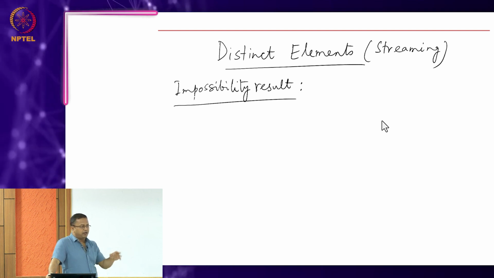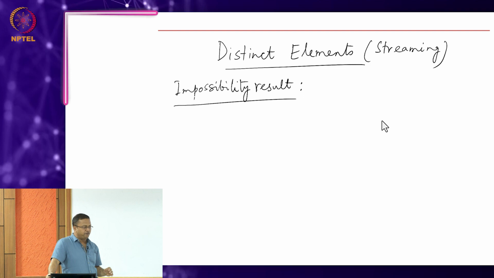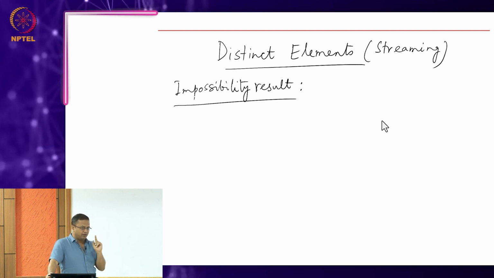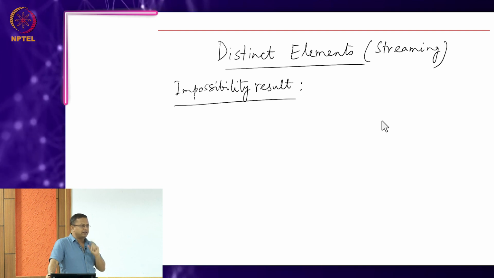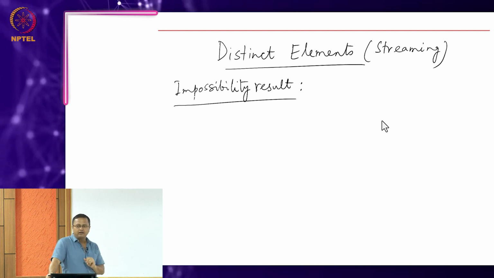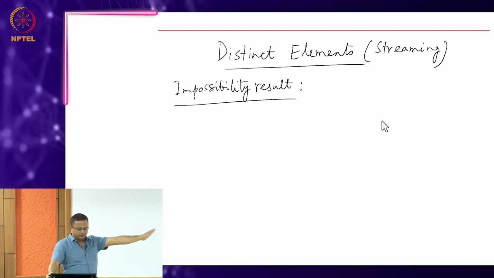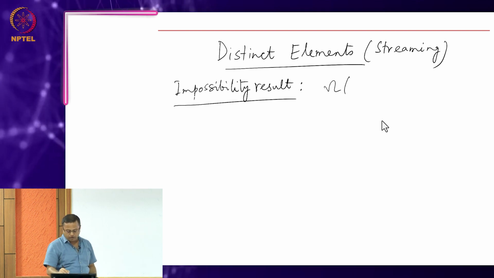I am making a claim that in the streaming model, if you want to figure out the exact number of distinct elements, mind you the exact number, not approximate, then there is no other way but to store everything. So, that means you have a lower bound of linear.